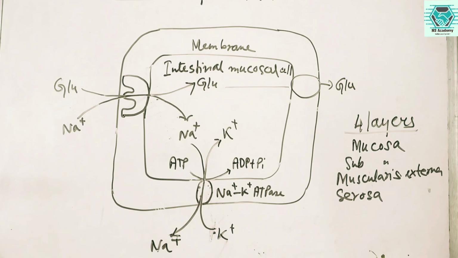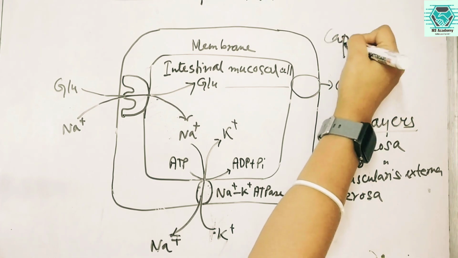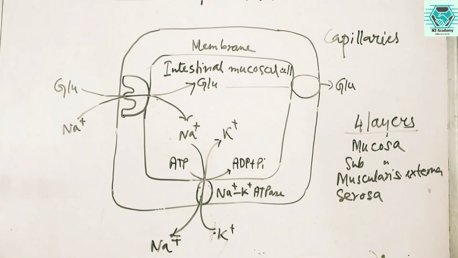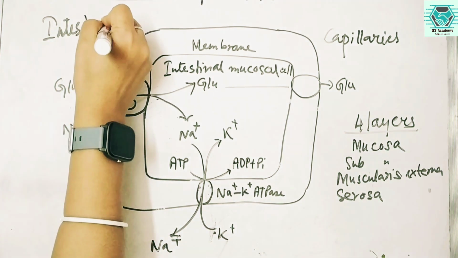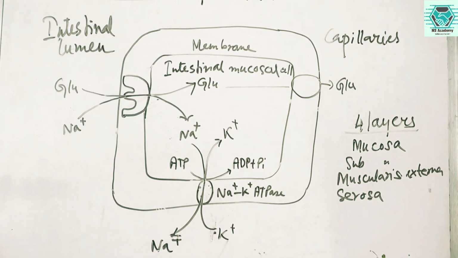The concentration of Na+ is higher in the intestinal lumen compared to the mucosal cell.